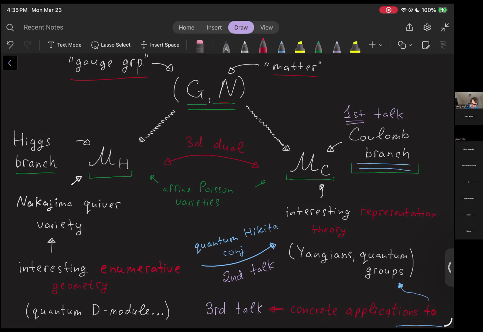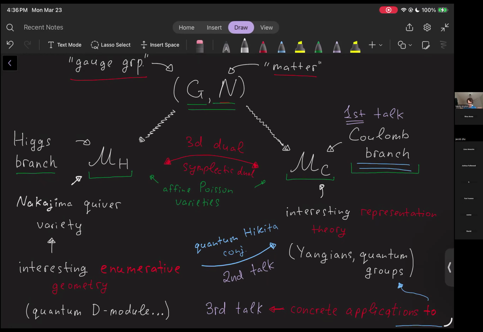And in some sense, these two varieties should be considered dual, in this 3D mirror symmetry sense or in the symplectic duality sense. Sometimes people call them symplectic dual. I will explain what this means during the talk.